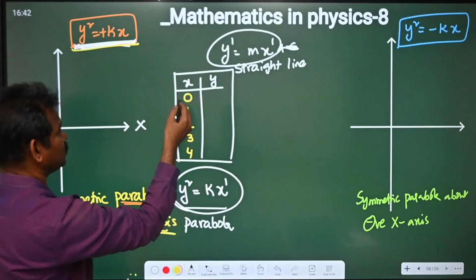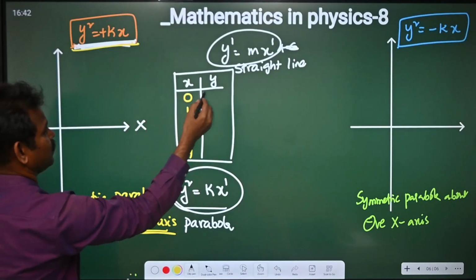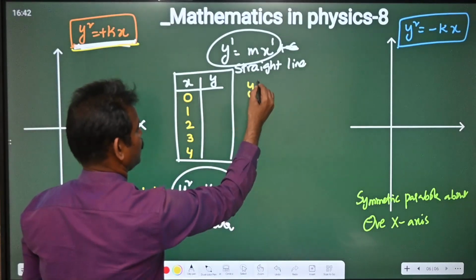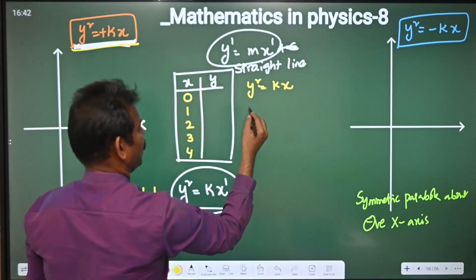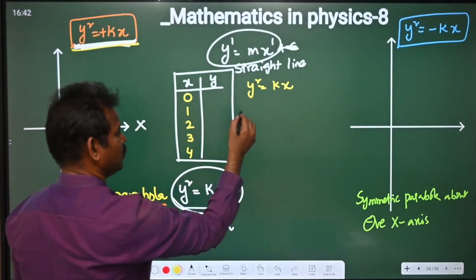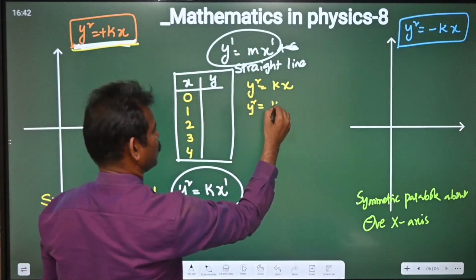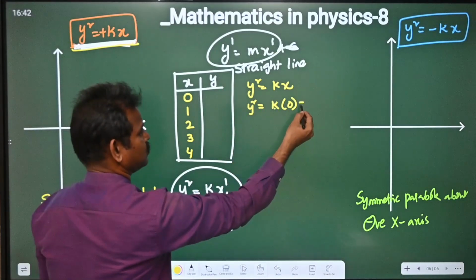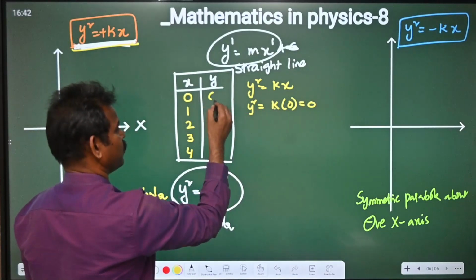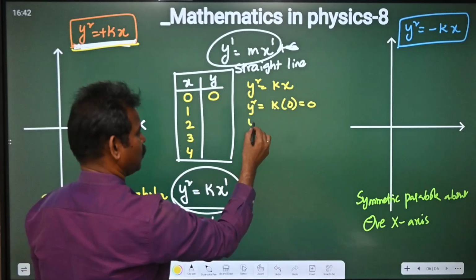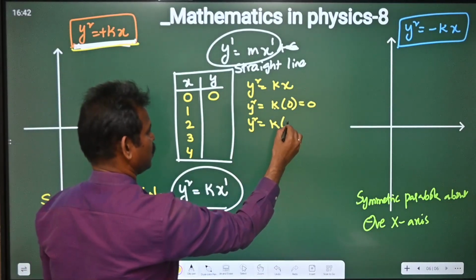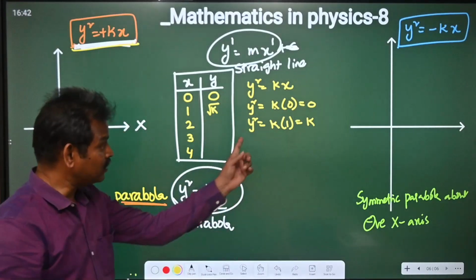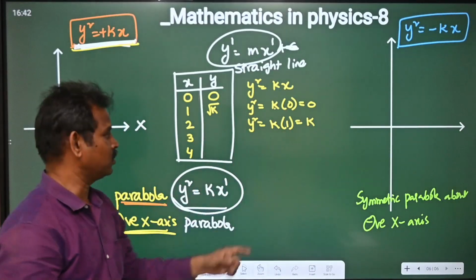If we substitute these values, y square is equal to kx is the given equation, and k is a constant here. So y square is equal to k into 0. K is a constant, k into 0 is 0, y square is 0, so y is 0. Now y square is equal to k into 1, so y is equal to root k.